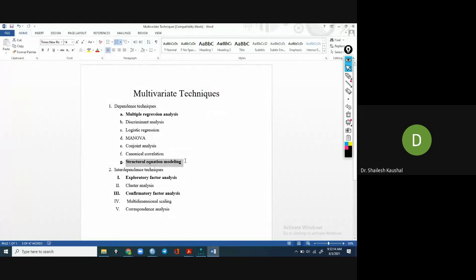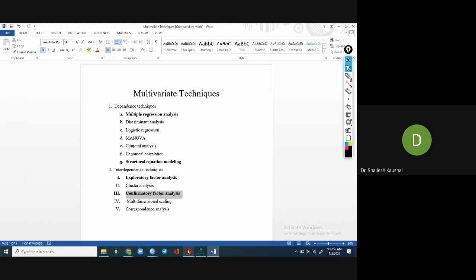Structural equation modeling is a dependence technique: we test the hypothesis and find the relationship among exogenous and endogenous constructs. Confirmatory factor analysis is an interdependence technique. In CFA or the measurement model, we just find validity, we do not find relationships among the exogenous and endogenous variables, and we don't test a hypothesis.